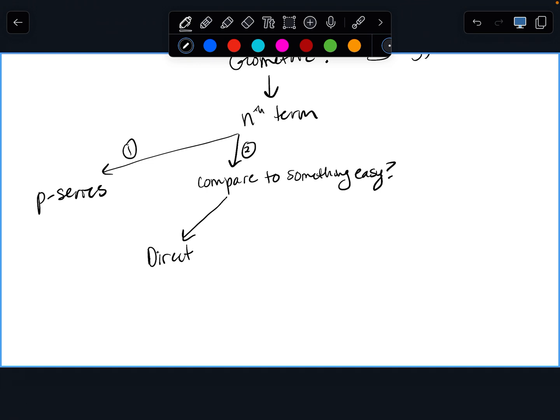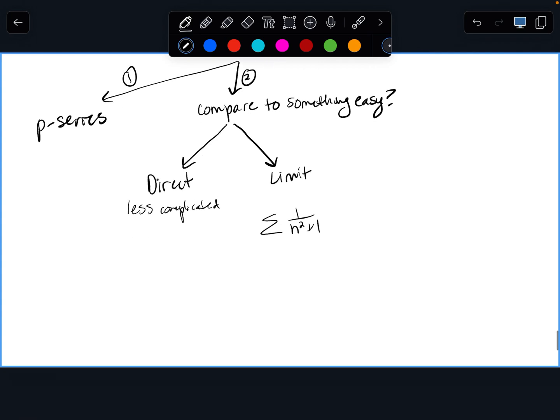If it's more complicated, I'll do limit, but also I tend to do limit anyway, most of the time, if I'm given no choice. So I'll do these comparison tests for series like 1 over n squared plus 1.